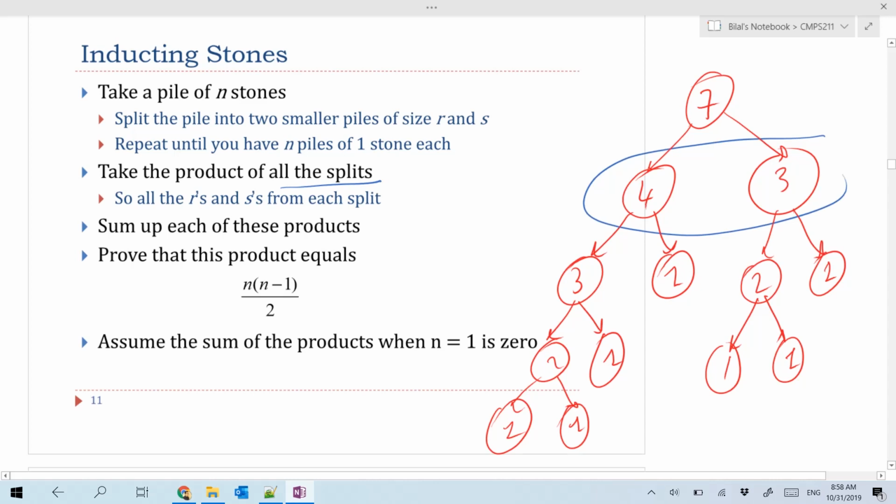So the product here is equal to 12: 4 times 3 is 12. Here it's 2 times 1, equal to 2. 1 times 1 is equal to 1.